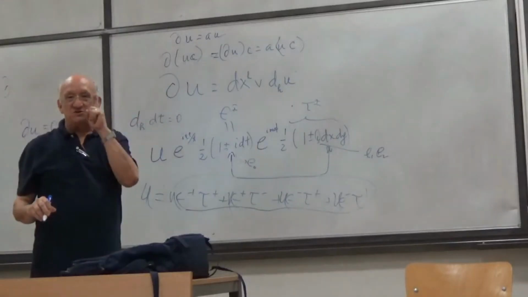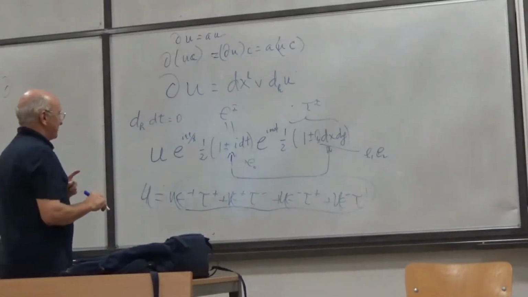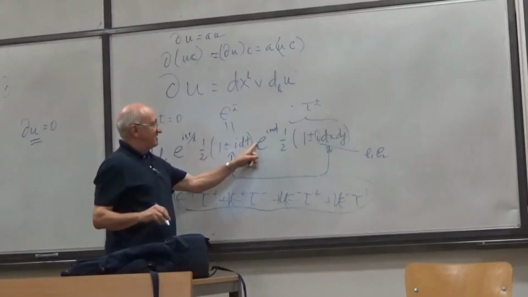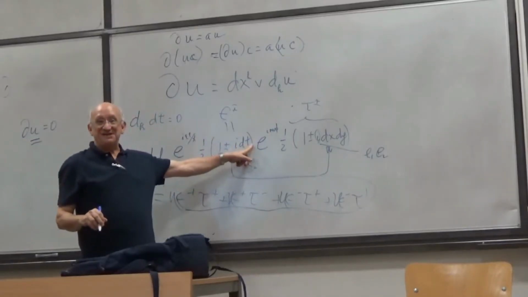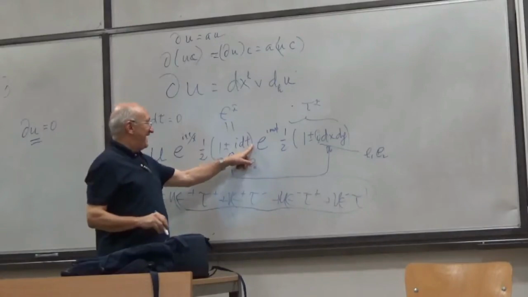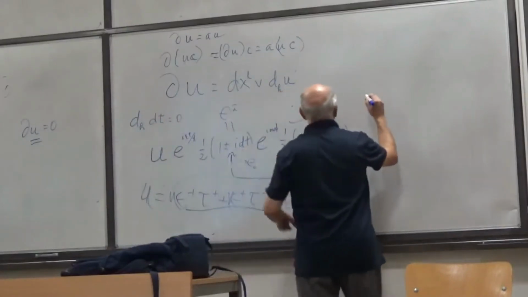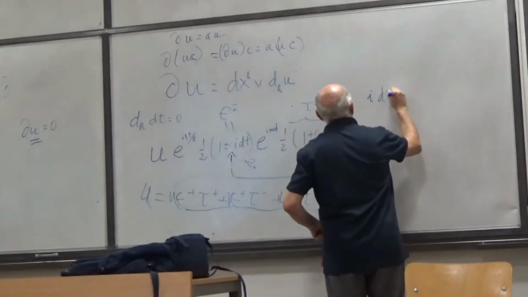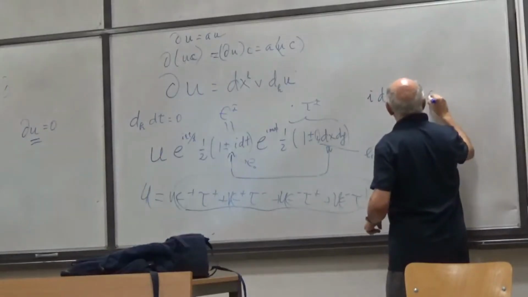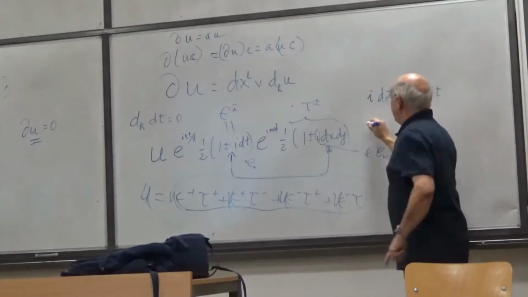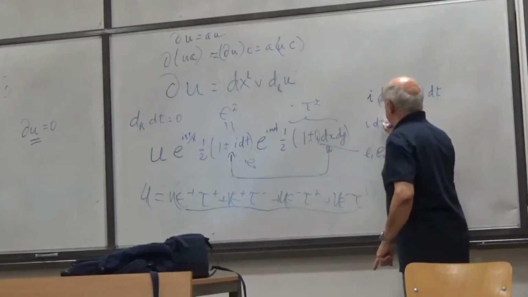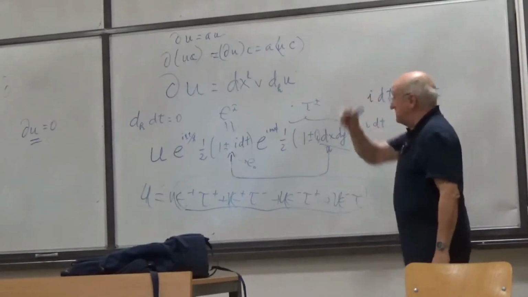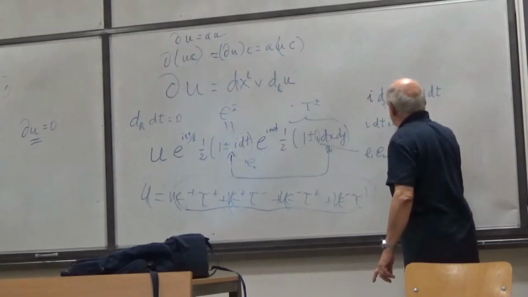Because one of the conditions that one obtains is that dx does not commute with dt. If instead of having i dt, I replace it with E0 dt, the i doesn't do anything in that regard.